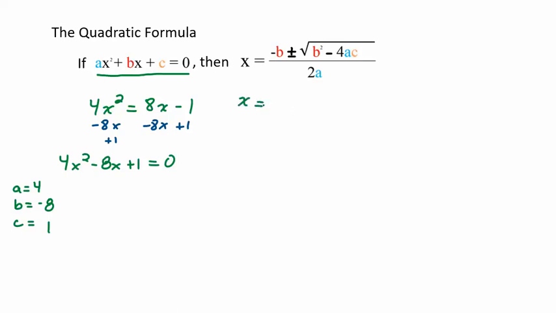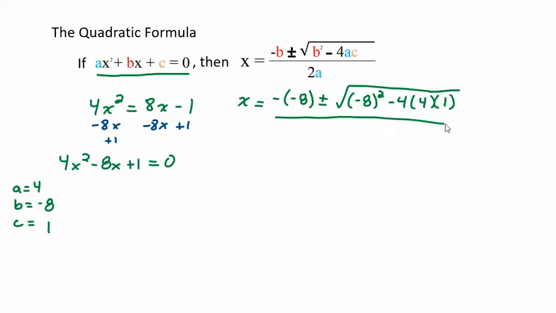So x equals the opposite of b, and my b value is negative 8, so I have to do the opposite of negative 8, plus or minus the square root of b squared, and again b is negative, so I want to be careful to put that in parentheses, minus 4 times a, which is 4, times c, which is 1, all over 2 times a, which is 4.